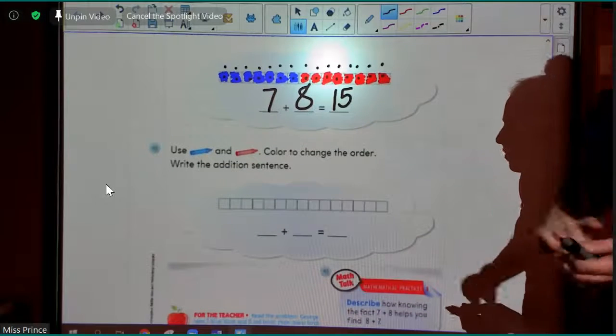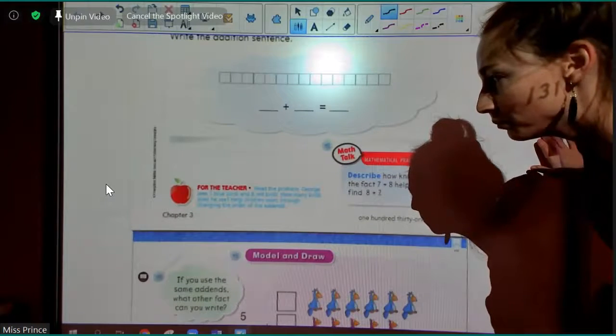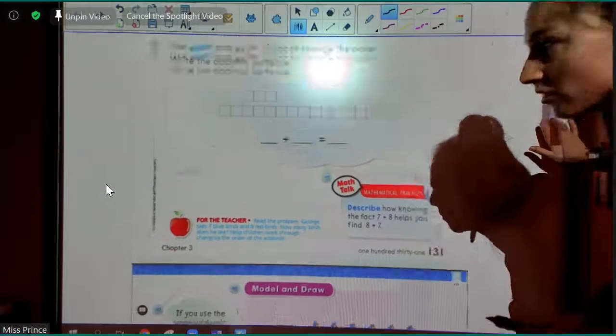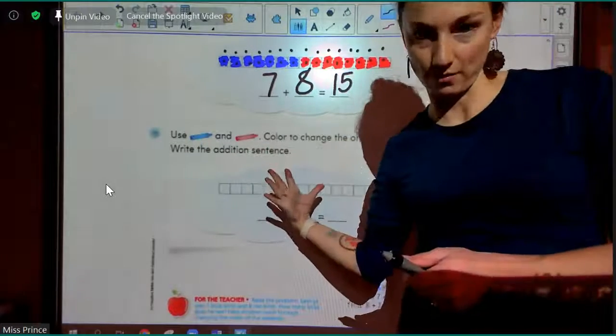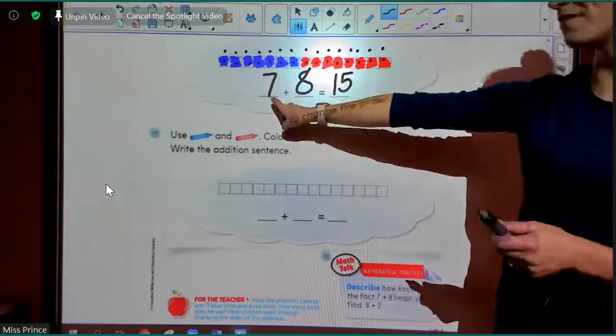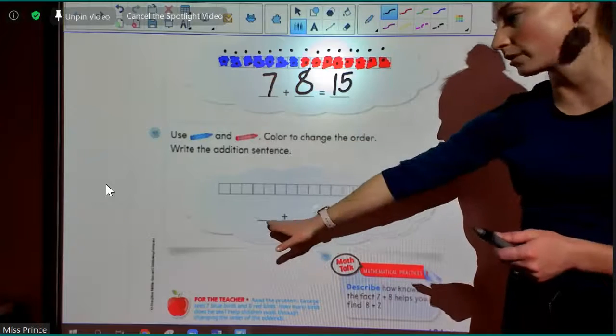All right. So for this next part, we have more instructions. It says, help children work through changing the order. So I'm going to help you guys change the order of the numbers now. Okay? So instead of 7 being first, we're going to flip-flop it. Elias, what number is going to go first now?